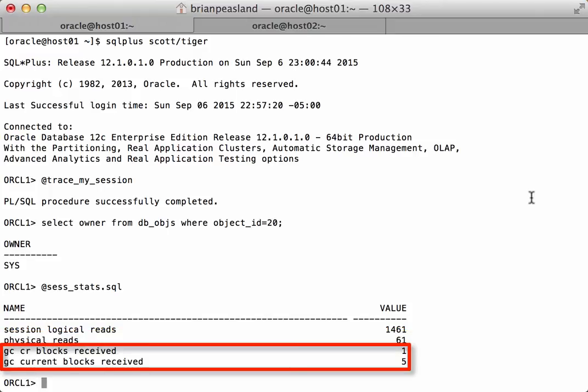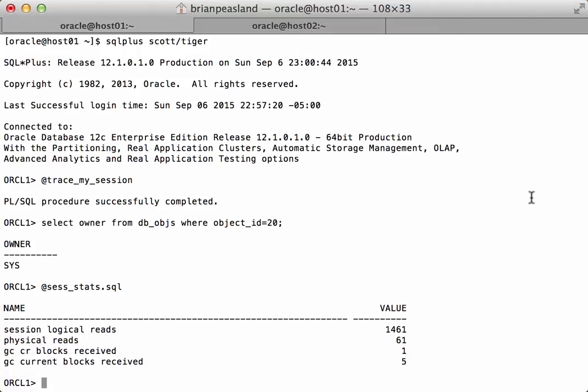And then we see some global cache transfers. We know they're global cache transfers because the statistic name starts with GC. They don't say cache fusion anywhere in there. They say global cache. And I had some blocks that were received. And there's a small amount in there.